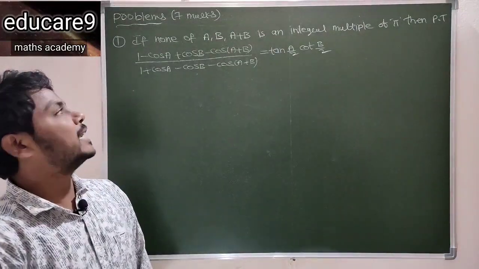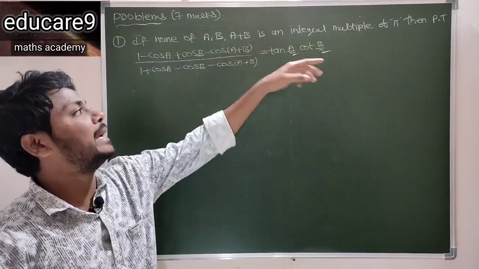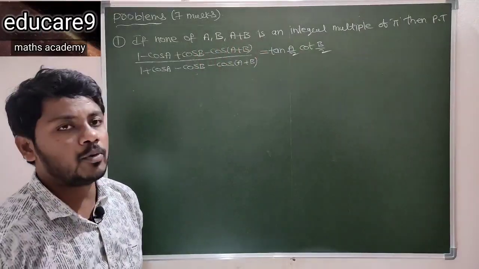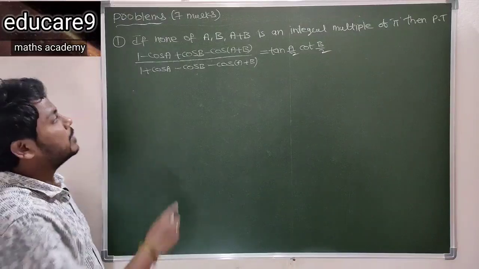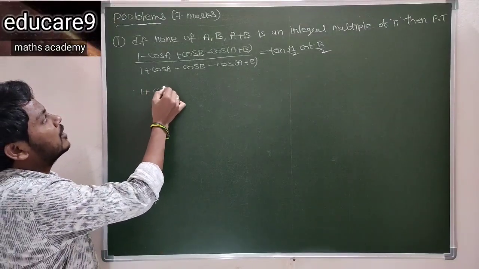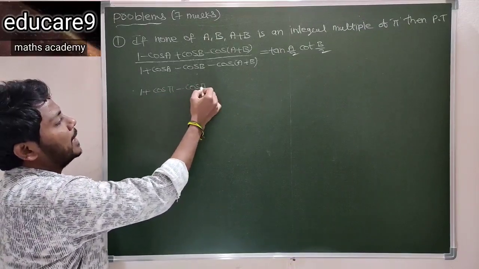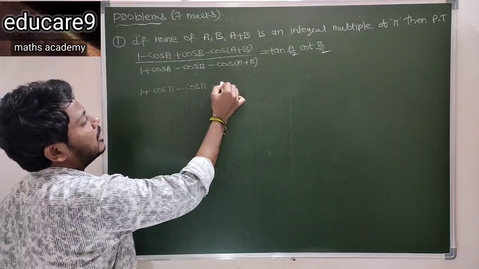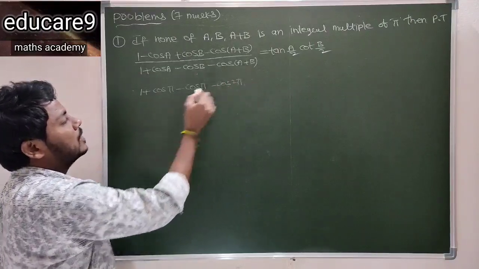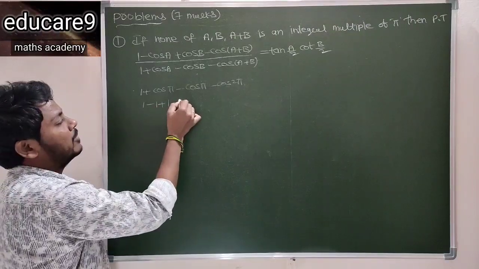See the first one. If none of A, B, A plus B is an integral multiple of pi. Okay. See here, if A equals pi, then cos pi is minus 1, and this is cos pi, and this one cos 2 pi: 1 minus 1 plus 1, and cos 2 pi value is 1 minus 1.